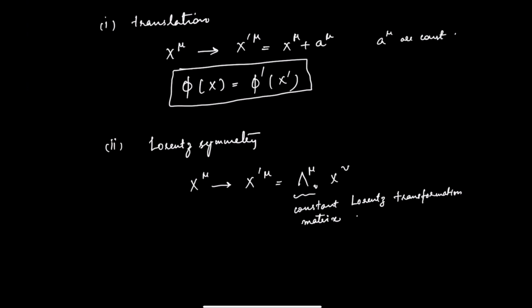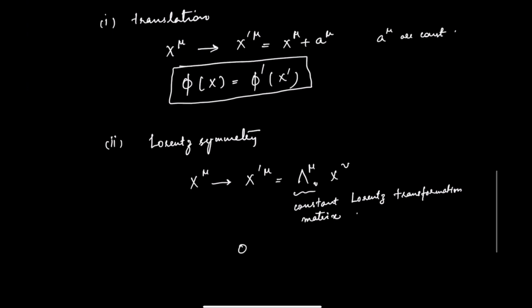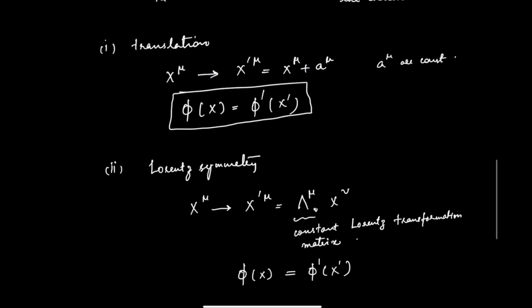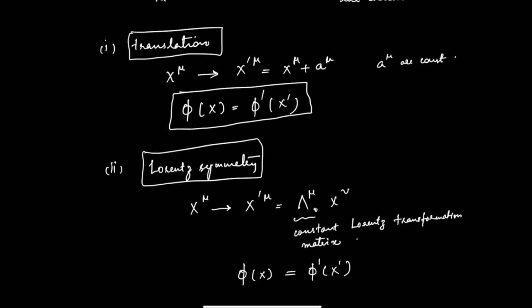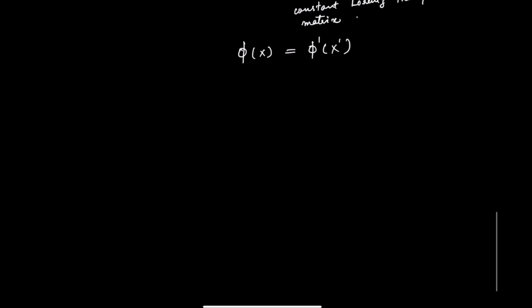Okay, and again phi of x is equal to phi prime of x prime. So translational and Lorentz symmetries are also known as continuous symmetries.